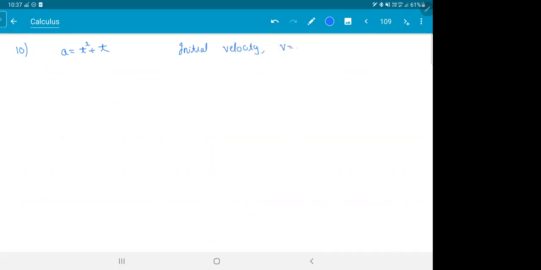Initial velocity v is 2 meters per second. Initial position is x is equal to 0. Find velocity as a function of time and position as a function of time. Get it?